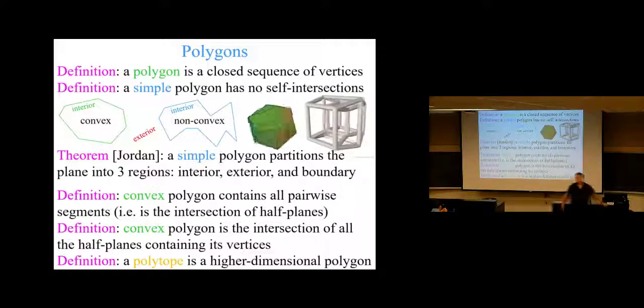One of the reasons it's not easy to prove this theorem, simple though it may seem, is that there's an outside, there's an inside, and the actual boundary of the figure. Well, there are manifolds where that's not true, actually. If the polygon is on a Mobius strip, or on a projective plane, or on a Klein bottle, these are weirder manifolds, surfaces, than just a sphere or a plane, and the theorem is not even true.